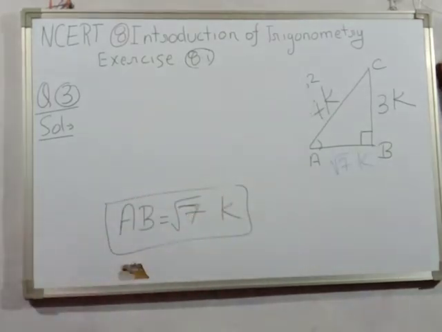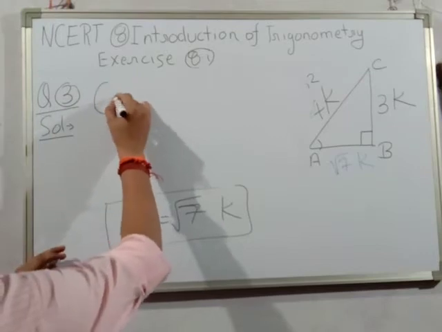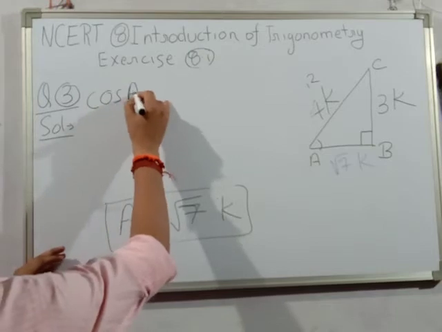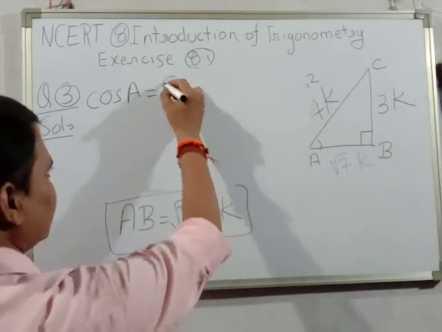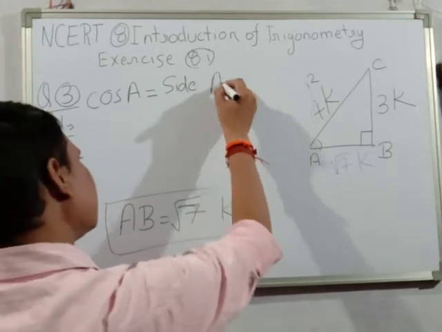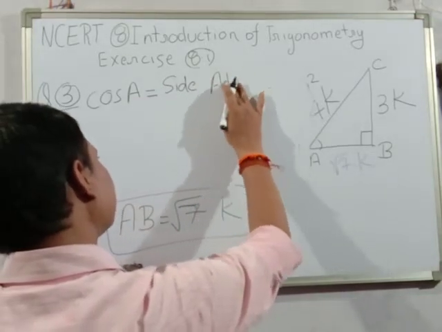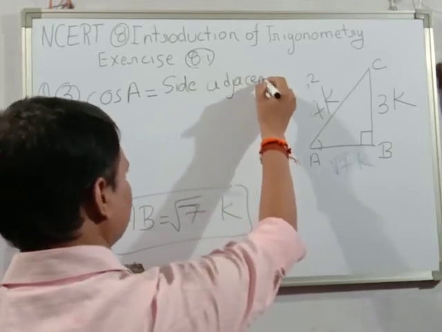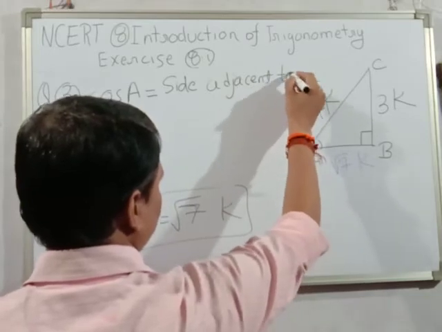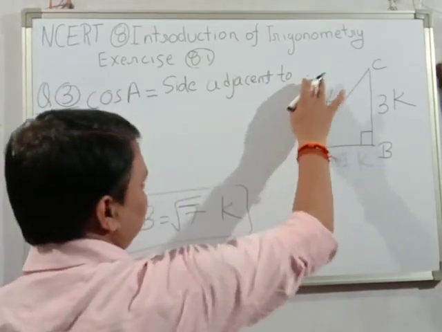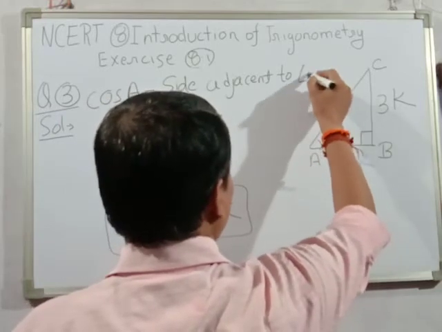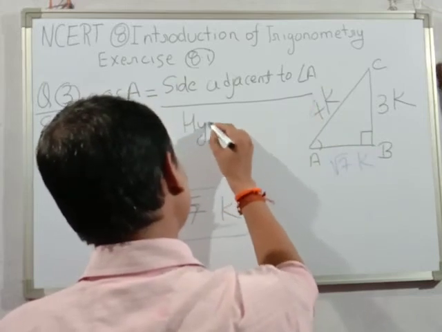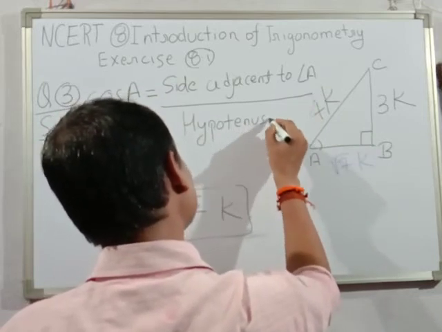So cos A. What is the formula of cos A? The side adjacent to angle A divided by the hypotenuse.